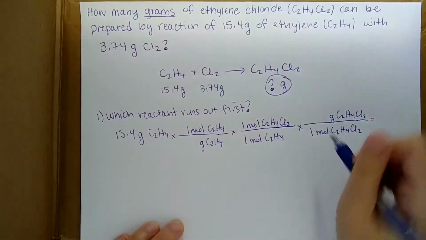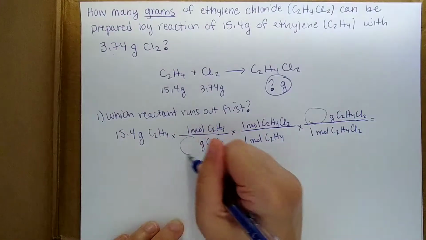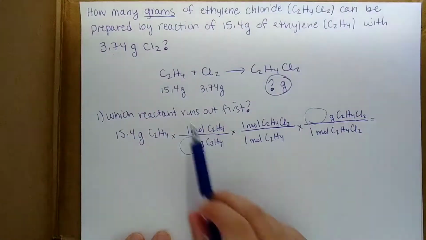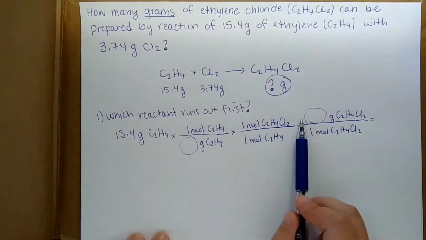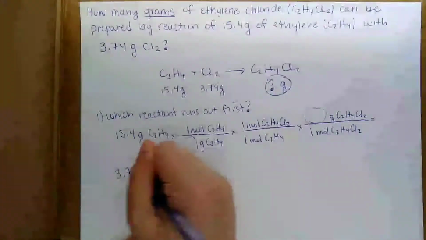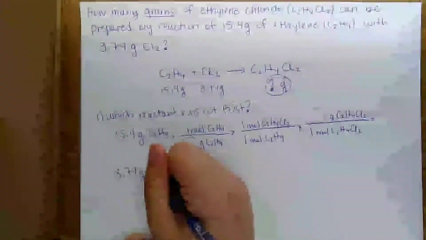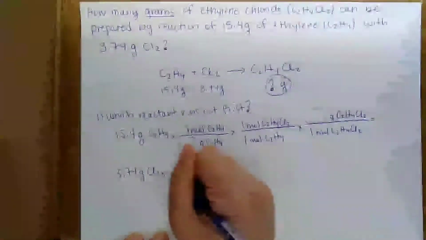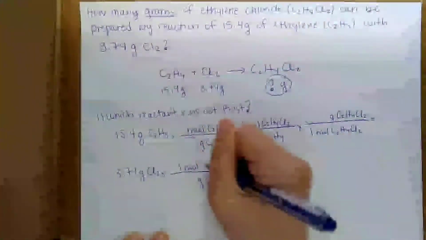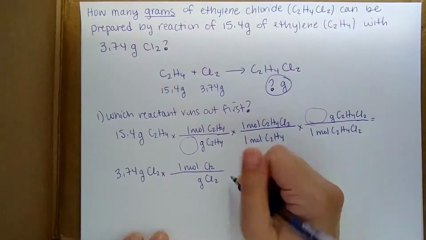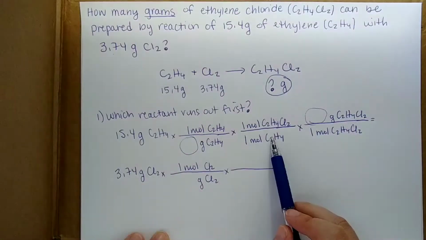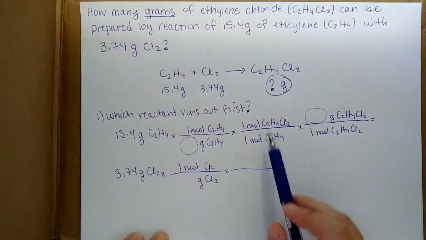So I'm going to go back and fill in these quantities once I have all of my work written out. I'm going to do the same procedure here, but for this other reactant. So we have 3.74 grams of Cl2. We need to know how many grams of Cl2 there are for every 1 mole to get into moles of Cl2. And then we're going to also use a conversion factor between reactant and product.